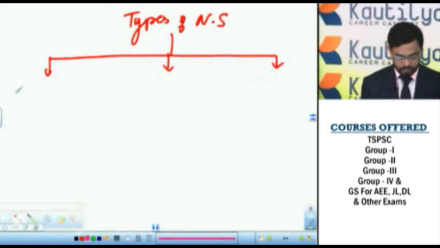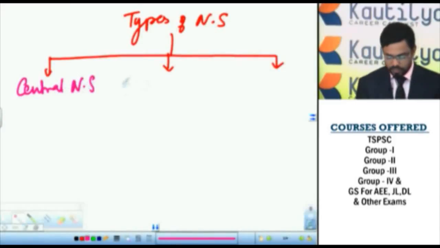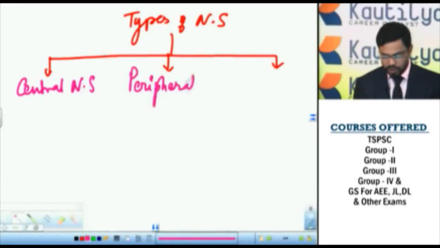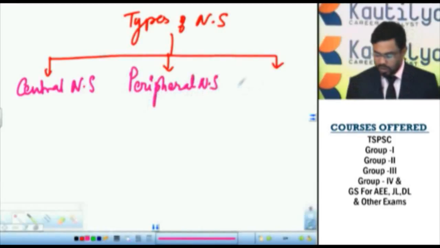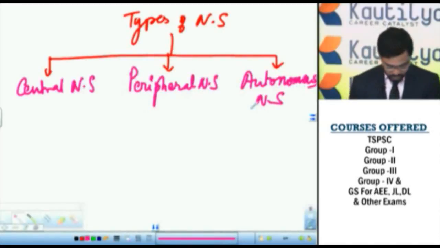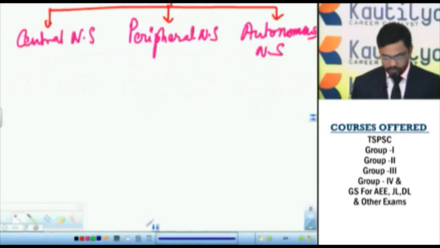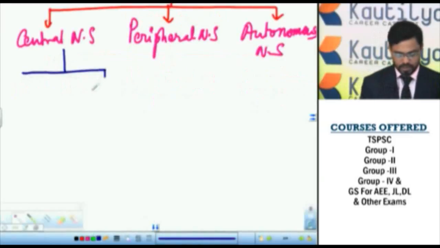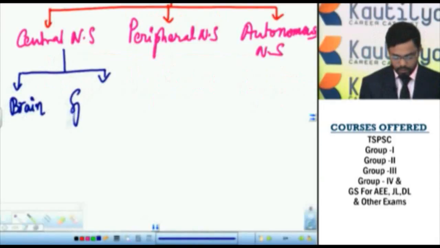They are the central nervous system, the peripheral nervous system, and the autonomous nervous system. The central nervous system contains the brain and spinal cord.